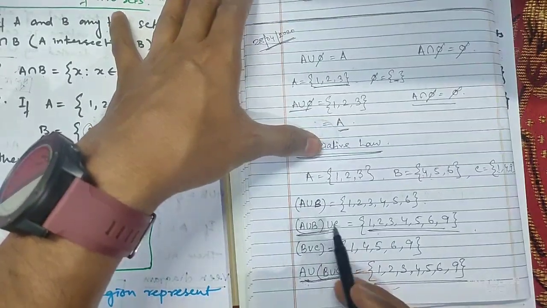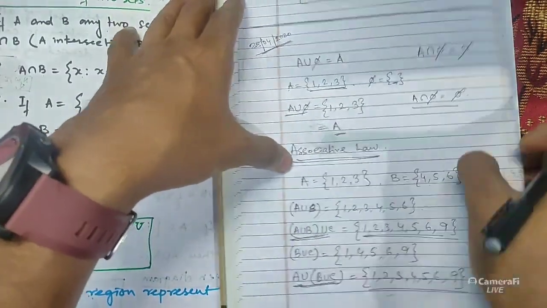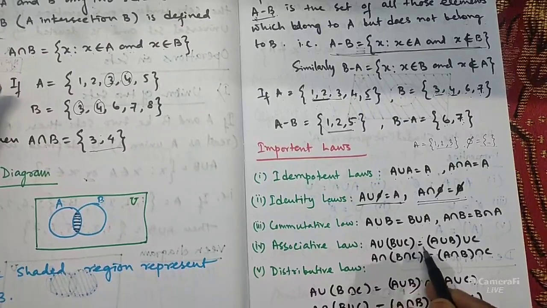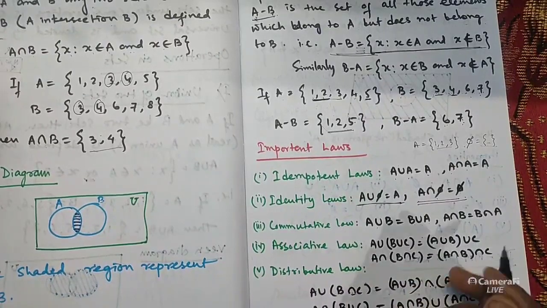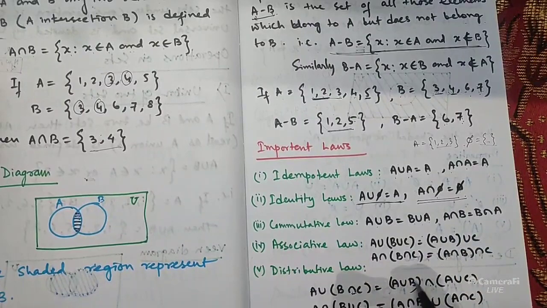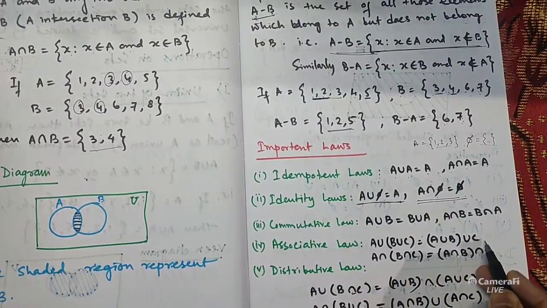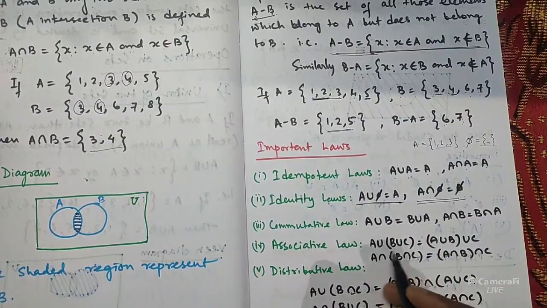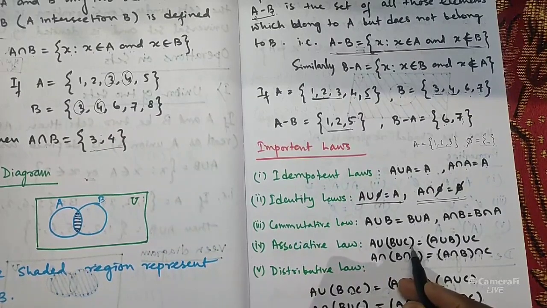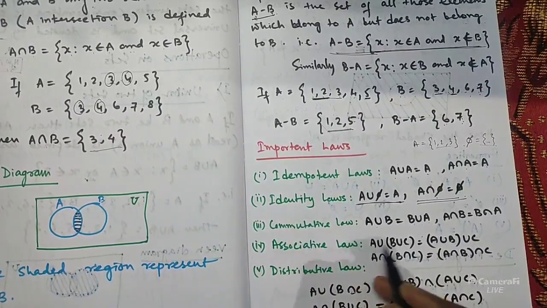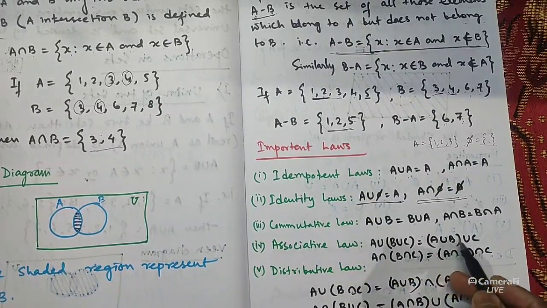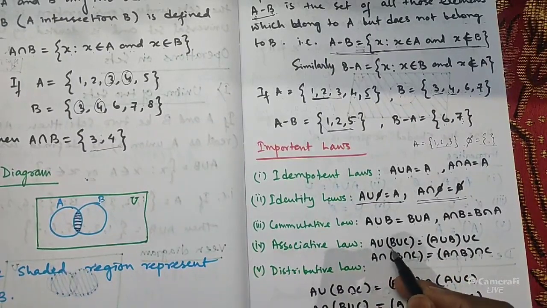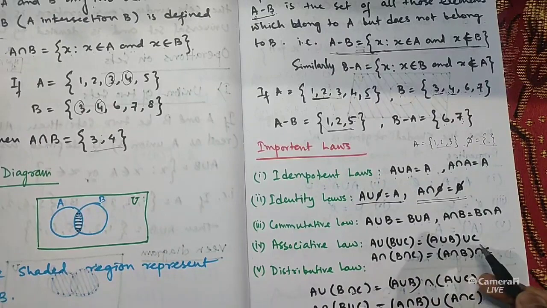So that means this union is associative with A, B and C. So in the associative law, A union B union C is equal to A union B union C. That means if you take the union of A and B together and then take the union of C separately, whatever set is coming, the same set will come if you take the union of B and C and take its union with set A. So if you alter the places, the same set will come. This law is called associative law.